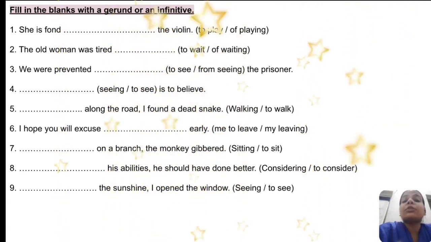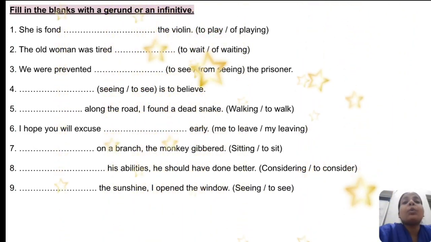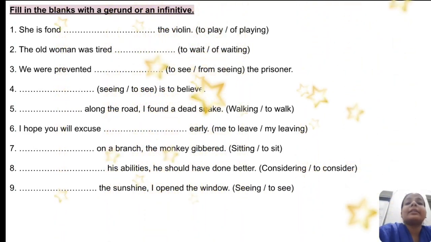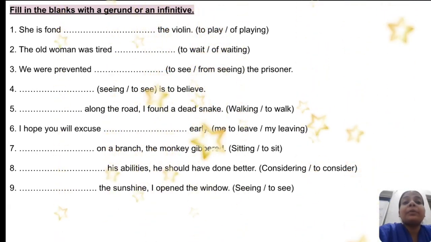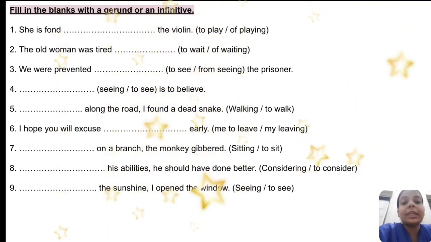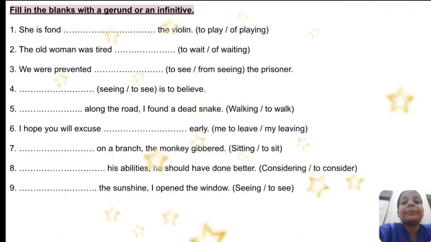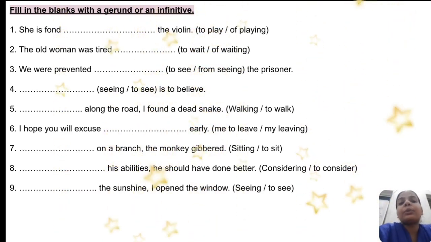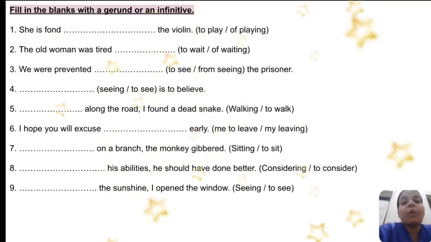Like she is fond dash the violin. The old woman was tired dash, to wait or of waiting. We were prevented dash the prisoner, to see or from seeing. Dash is to believe, seeing or to see. Dash along the road I found a dead snake, walking or to walk.